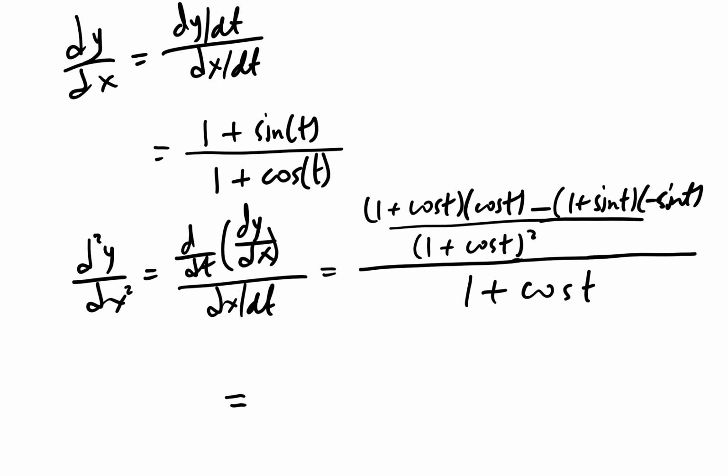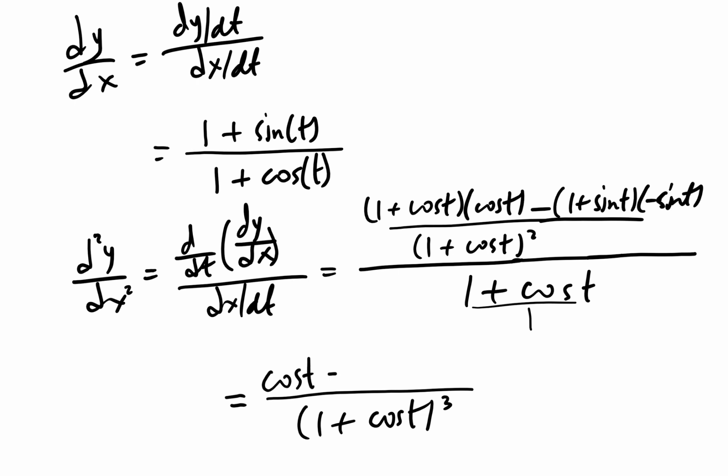After simplifying all of this, in the denominator we're going to get 1 plus cosine t all to the third power, right? And then on the top we just distribute this out: cosine t plus cosine squared t plus sine t plus sine squared t.